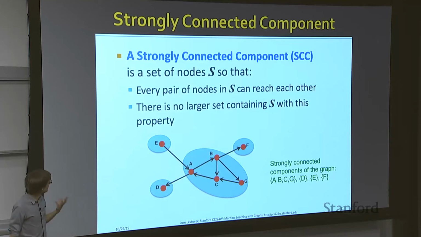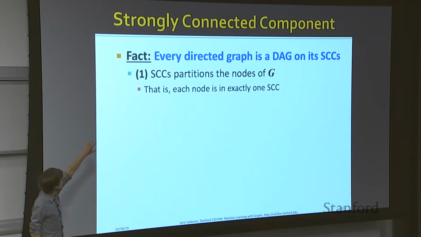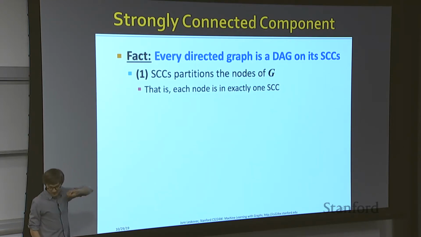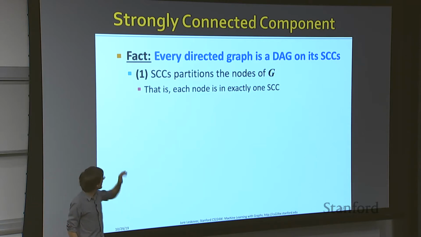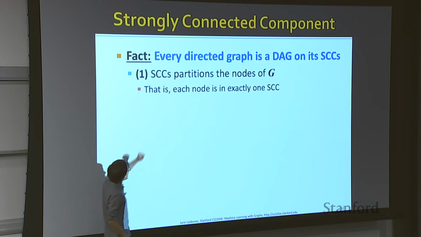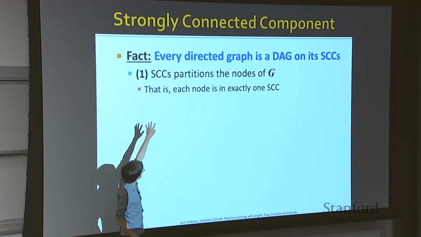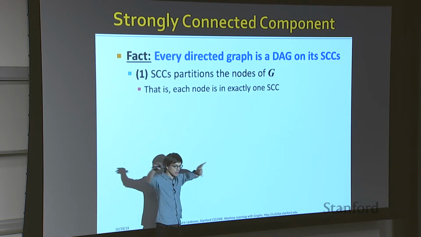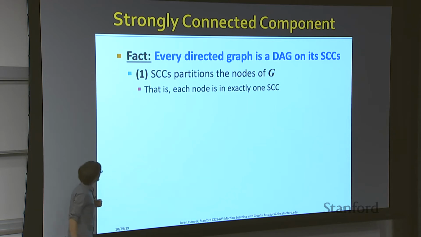And then the claim is that any directed graph is a directed acyclic graph on its strongly connected components. Basically, strongly connected components partition the nodes of G, that is, each node belongs to exactly one strongly connected component.